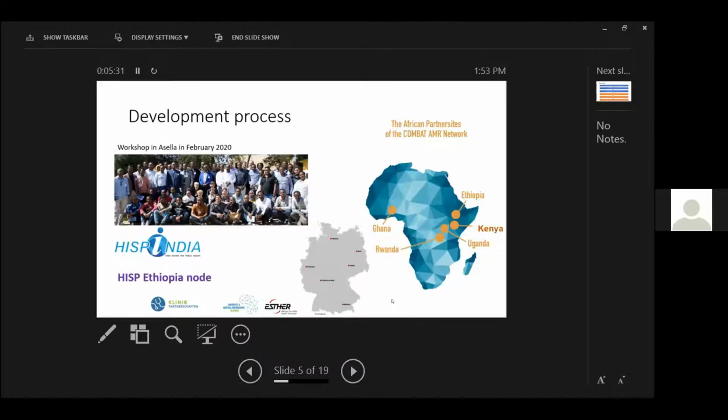And we contracted this out to HISP India, because HISP India had the experience of customizing the DHIS2 for antimicrobial resistance. Otherwise, most African countries do not use the DHIS2 for specific services. It's only used for aggregated reporting to the ministry. And then, of course, we also used the HISP Ethiopia node to support us in developing this platform.